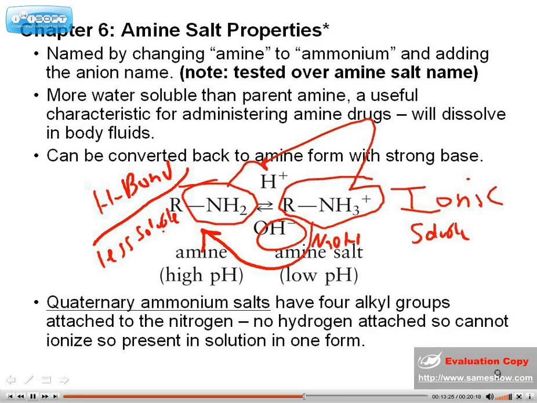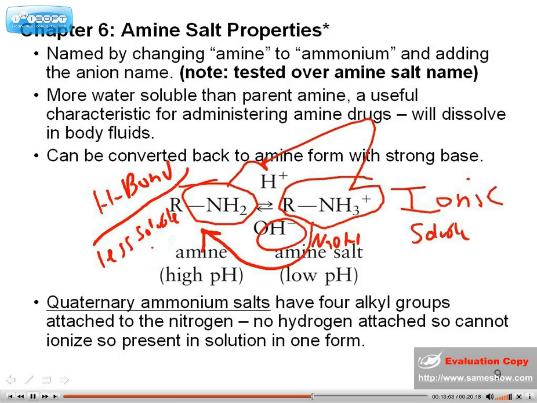That's one way that we can control the recrystallization method when we want to separate out an amine substance from another. We simply acidify it to make it more soluble, and then we can extract out the solid impurities, and then we can add a base in order to extract it out.